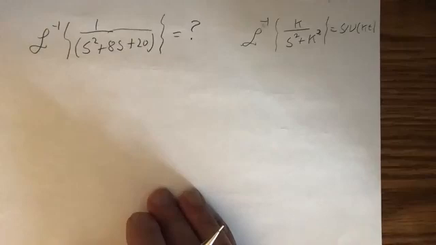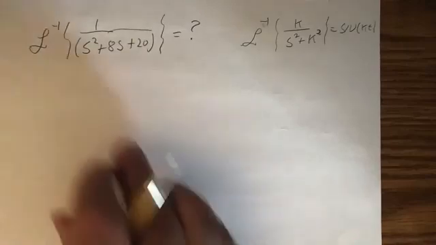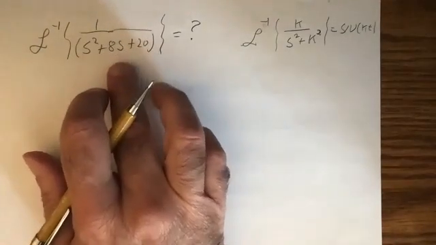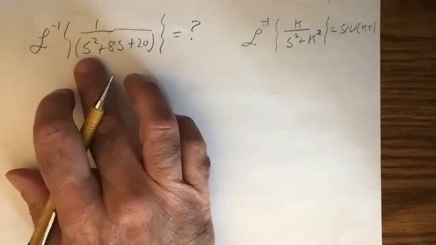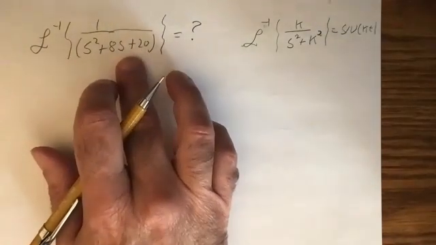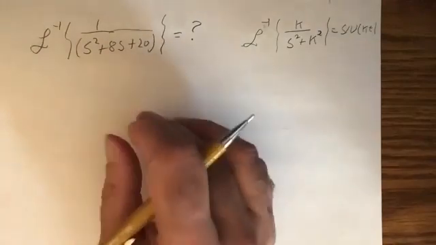All right, let me go ahead and solve this. When you see something like this, where you have a first order s and a second order, you want to complete the square.